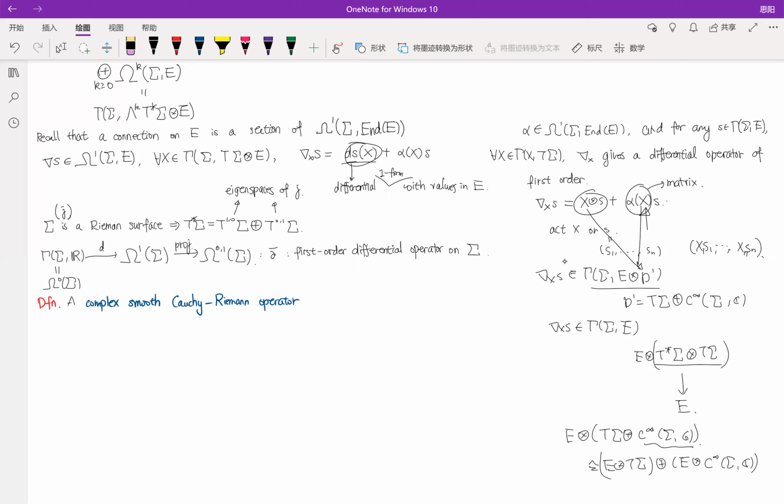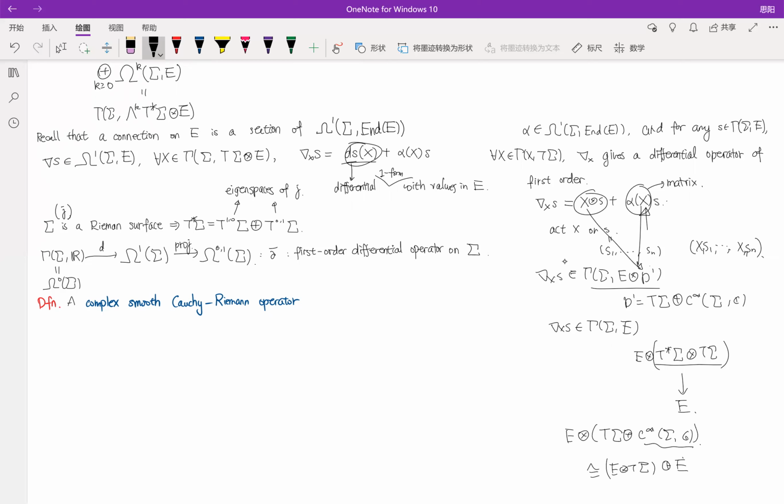So we know that this is in fact E. Yeah, it is E, and direct sum with E.